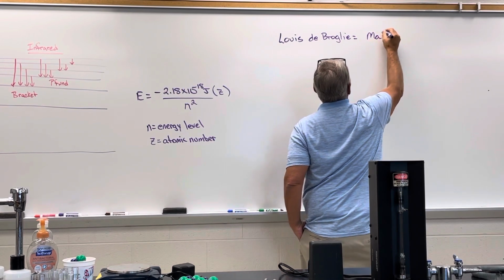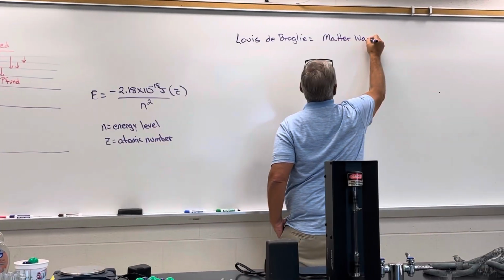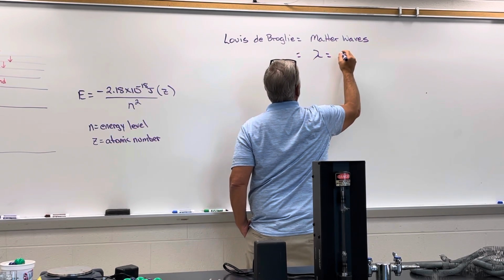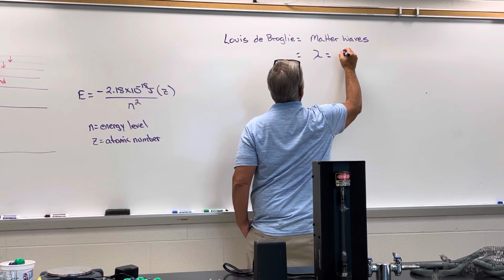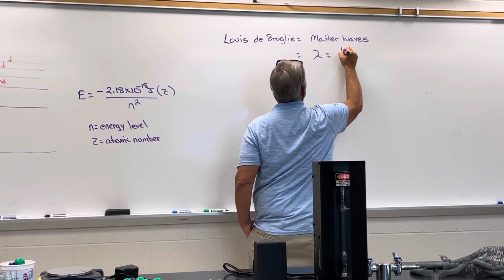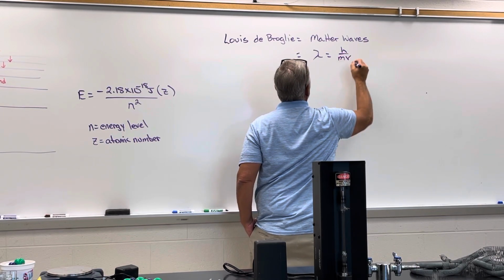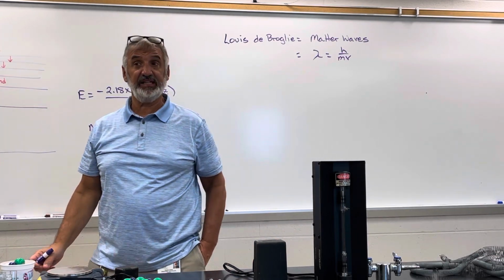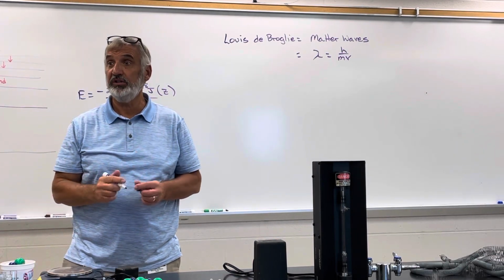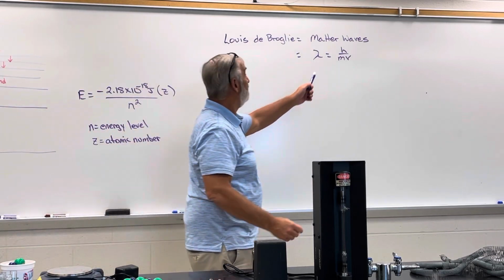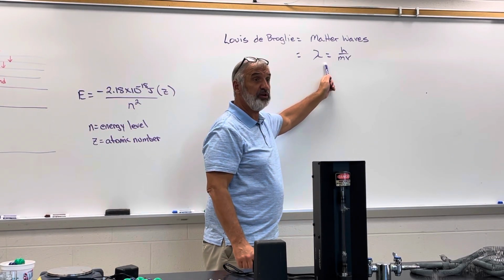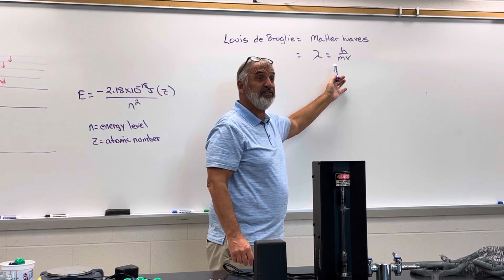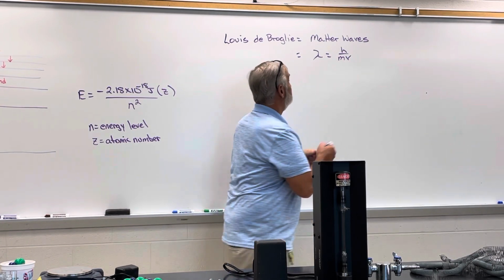The wavelength is equal to h over mv. h is Planck's constant, m is the mass, v is the velocity, because it's a moving particle. It's a pretty easy math equation. Any moving particle has a wave characteristic to it.